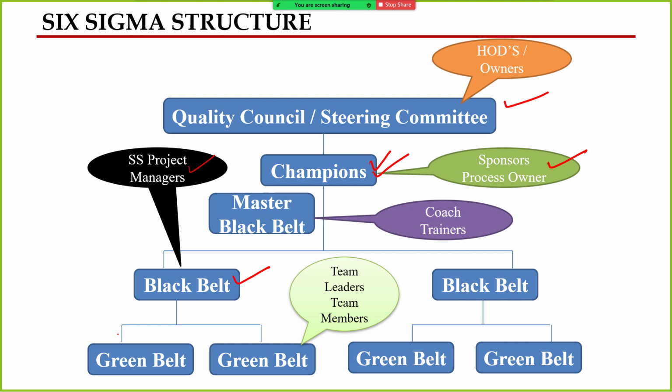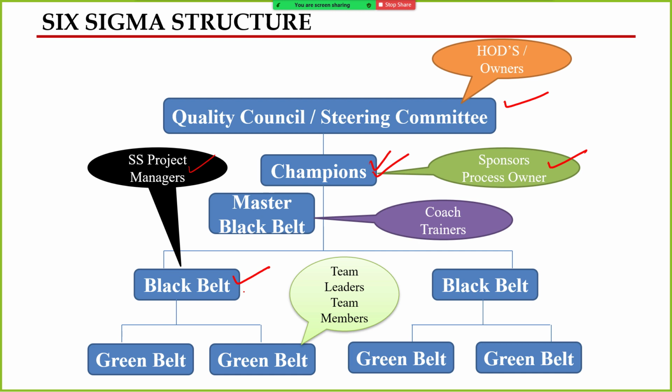These belts are nothing but the knowledge level related to Six Sigma. At the black belt level you get all the knowledge related to Six Sigma or the Lean Six Sigma perspective, whereas the green belt has the knowledge of Six Sigma but has covered less content from the Six Sigma tools and techniques.